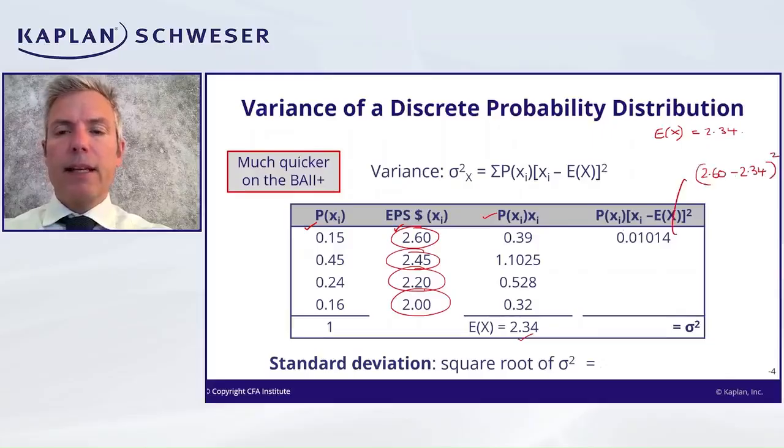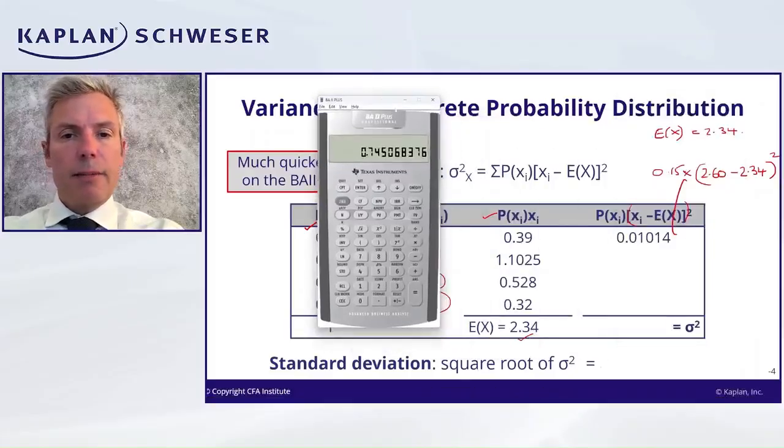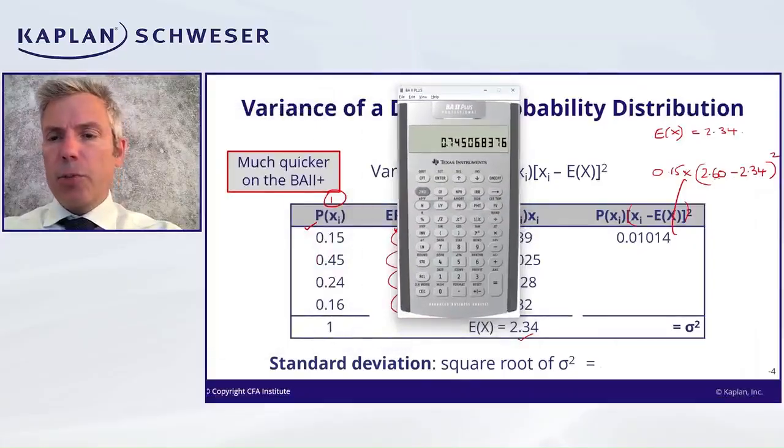That deals with this term. Then we're just going to probability weight this, so we multiply by this column number 1 here, multiplying by 0.15. We might as well do that first one on the calculator to make sure it's making sense. We go 2.6 minus 2.34, the mean. That's the deviation.